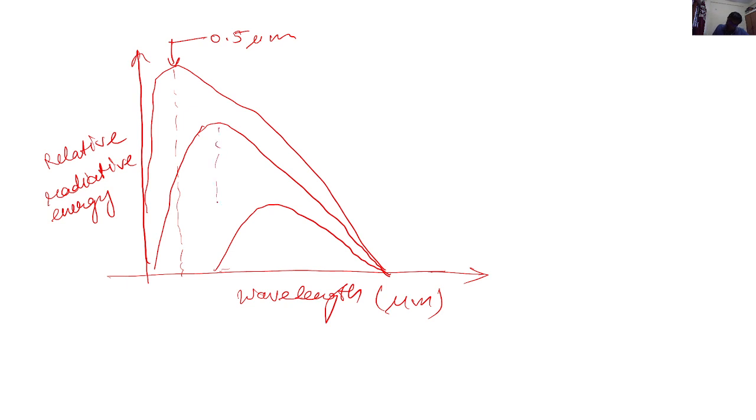This peak would be around 1 micron, and this would be around 10 microns. So this is the one for 290 Kelvin, which would be close to the surface temperature of Earth.